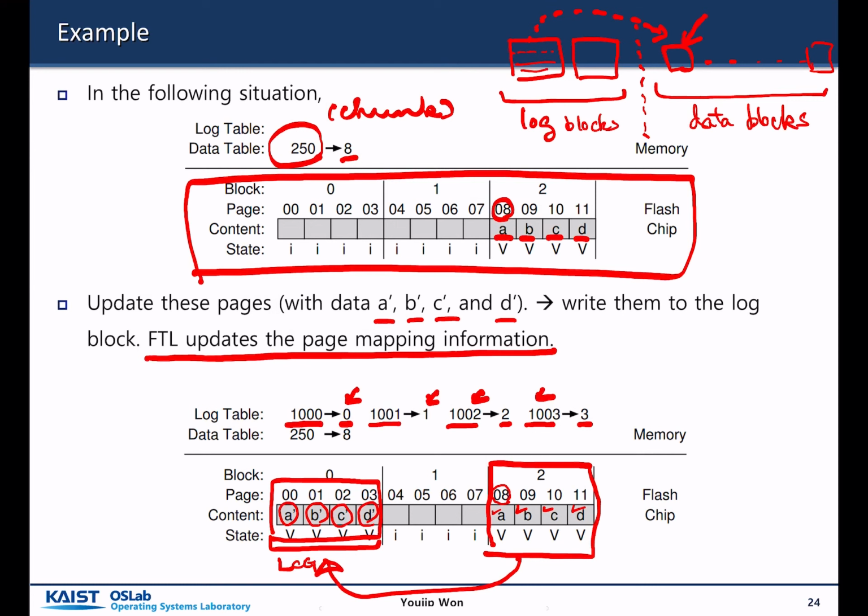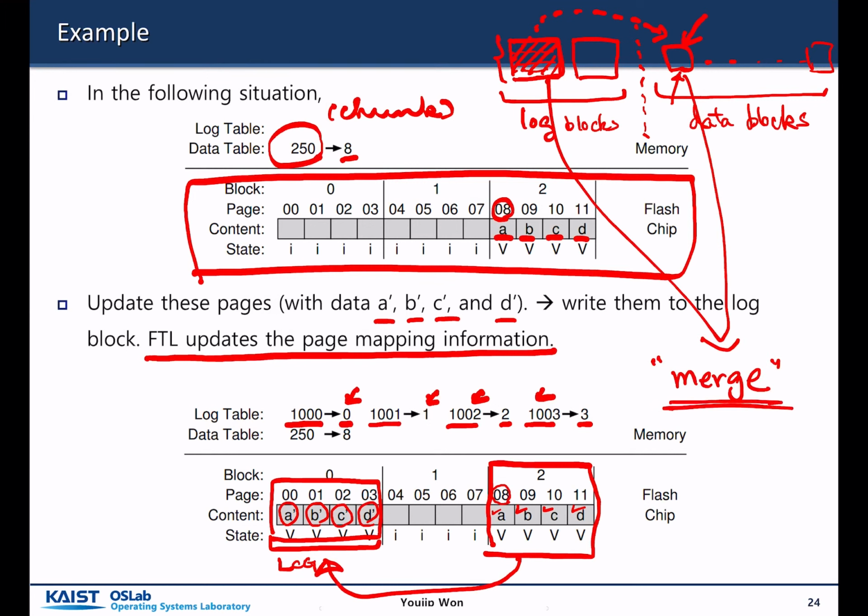However, if you keep updating the contents of the data block, then the log block is going to be full. Then we have to merge these two. This operation is called merge. In hybrid mapping, merge is an essential operation that merges the data block with the associated log block.